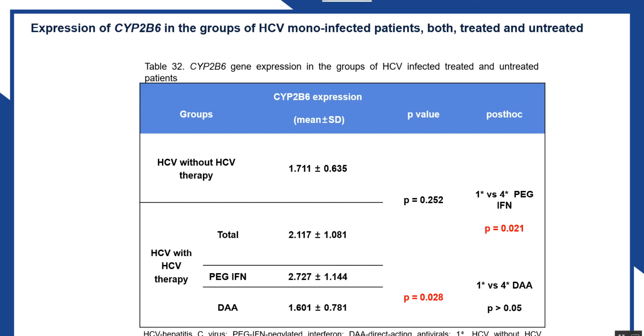Specifically, increased expression of CYP2B6 gene was seen in group of patients treated with pegylated interferon compared to a group of patients who were not treated, and also compared to the group of HCV infected patients who were treated with DAA drugs, with the p-value being 0.028, as seen in the table here.